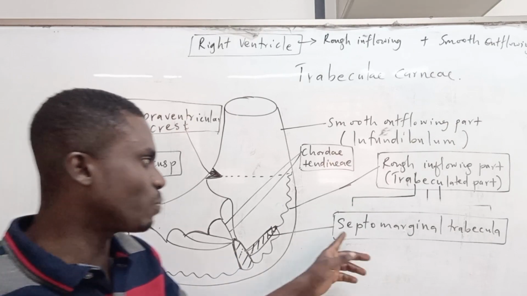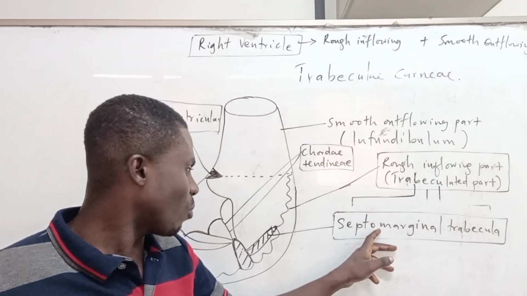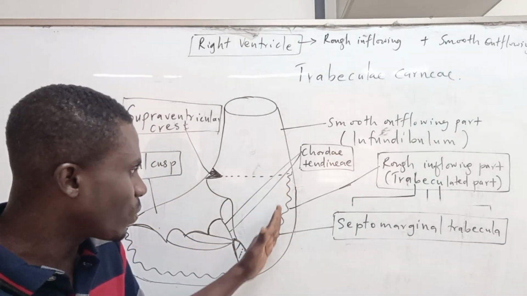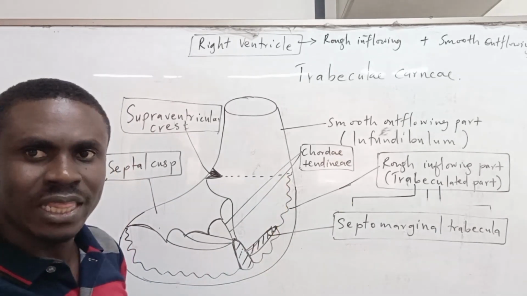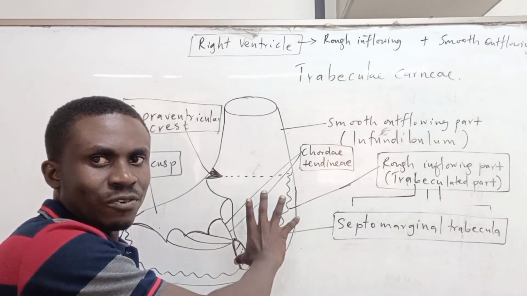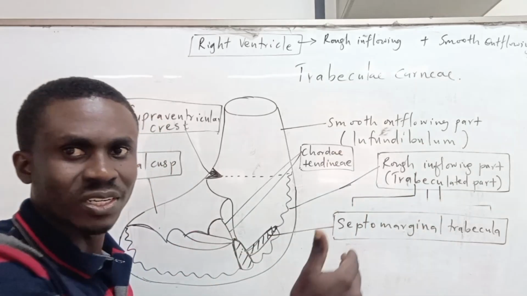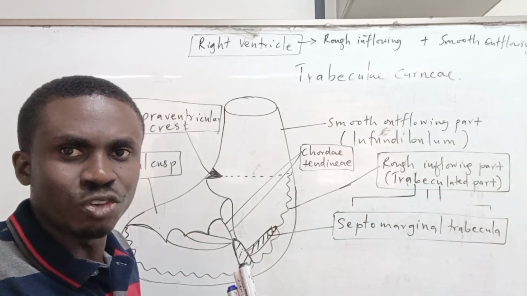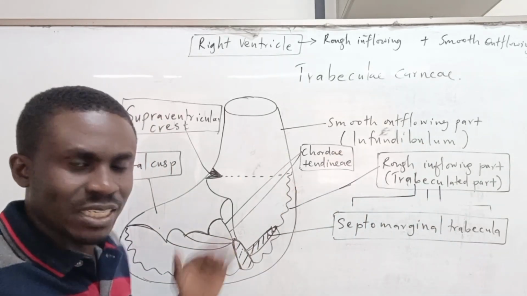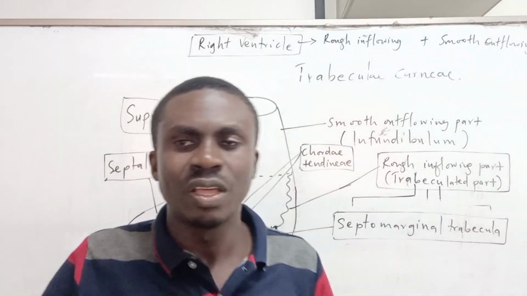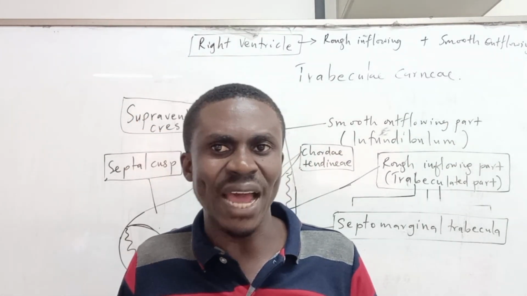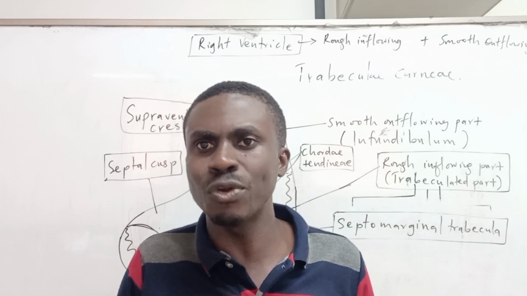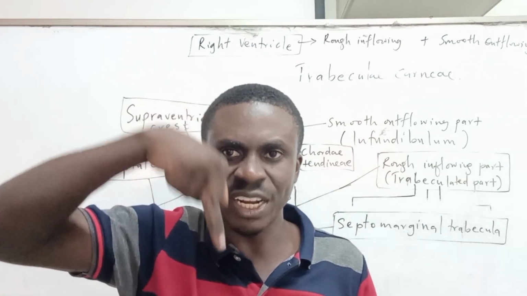Now why septomarginal? If there's the right ventricle, then there's going to be a left ventricle, and there will be a septum, the interventricular septum. Now remember from the conduction system of the heart, we have the atrioventricular bundle of His.